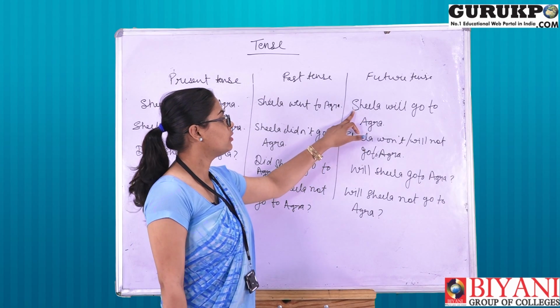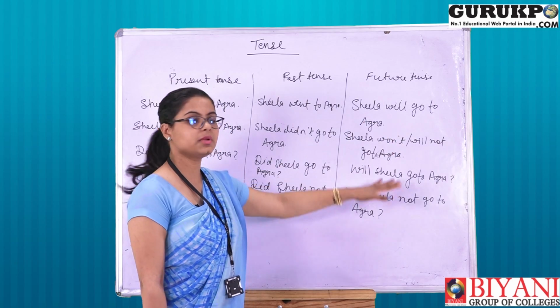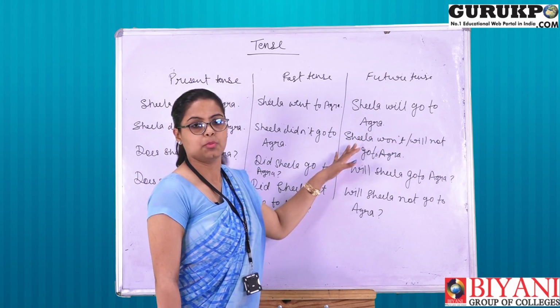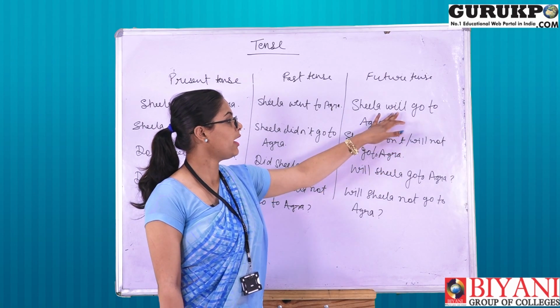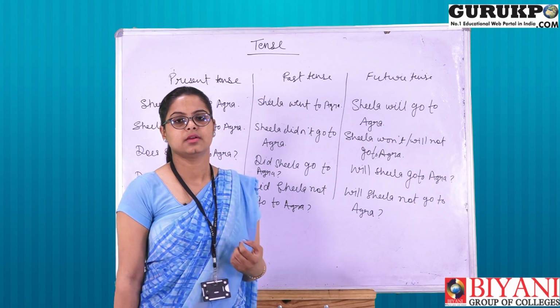So subject plus will or shall plus verb's first form plus object. Will and shall are actually the future tense forms of verbs.